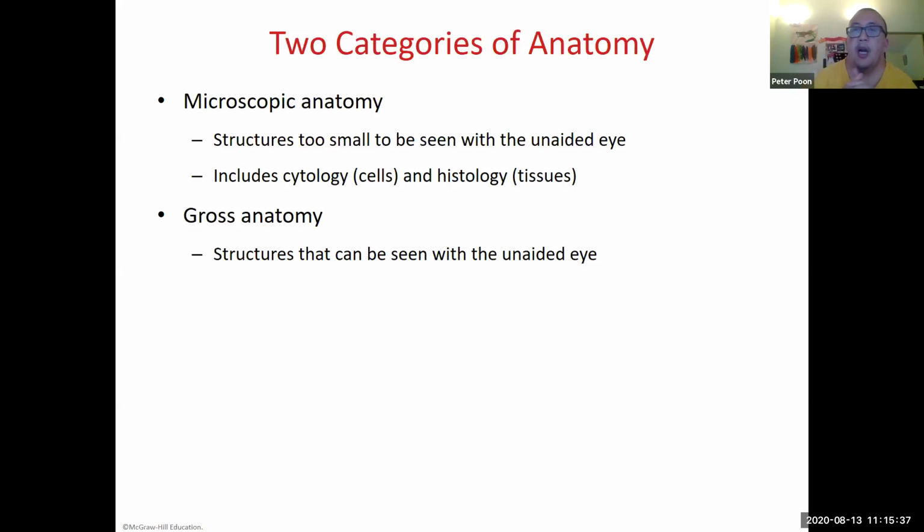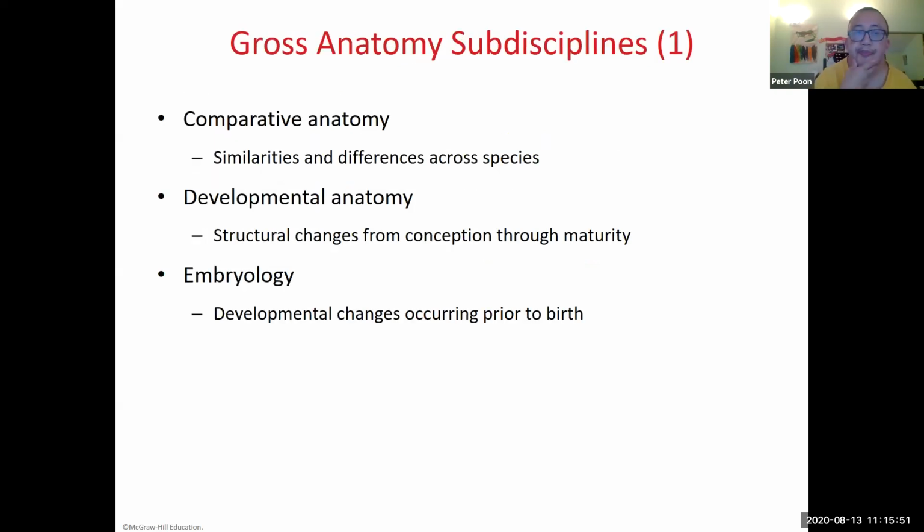Gross anatomy is what you're probably more familiar with, looking at a structure and seeing the muscles and bones, etc. Comparative anatomy you won't need to worry about. Developmental anatomy and embryology we'll barely cover in chapter 3.